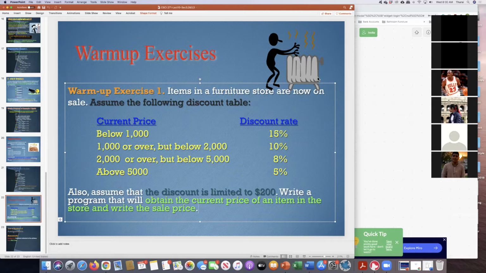So 15%, 10%, 8%, and then the last. Now, look at your inequalities. In the else-if, 1,000 less than 2,000. That's wrong. You mean to say price less than 2,000, right?